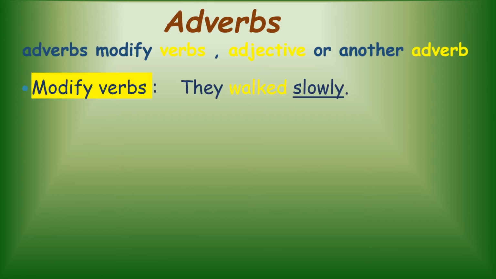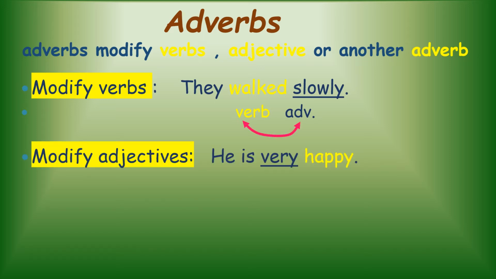As we said before, adverbs modify verbs. Example, they walked slowly. So slowly is an adverb that modifies the verb walked. Adverbs can also modify adjectives. He is very happy. Not just happy, very happy.